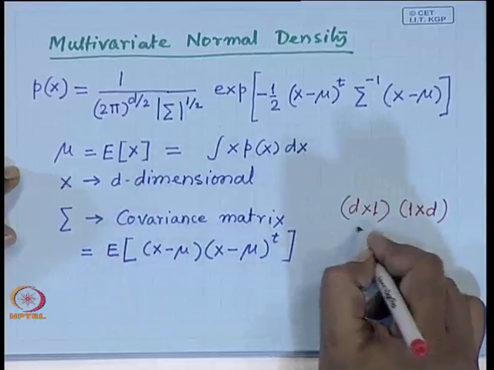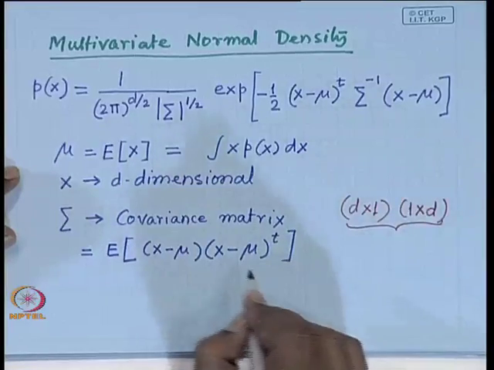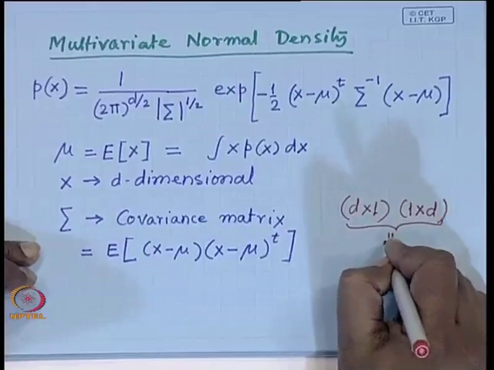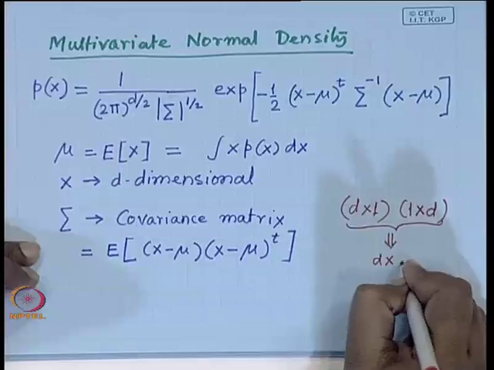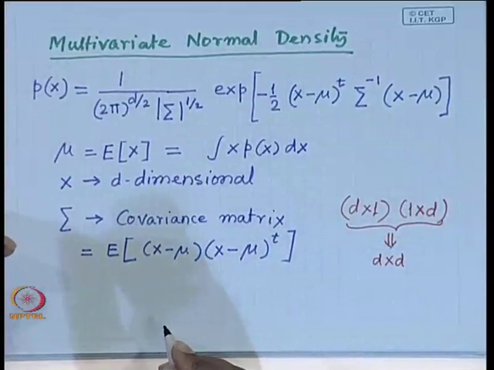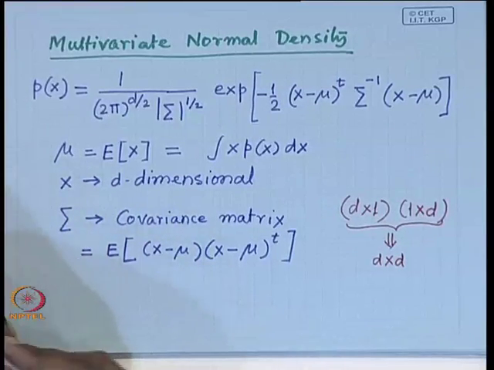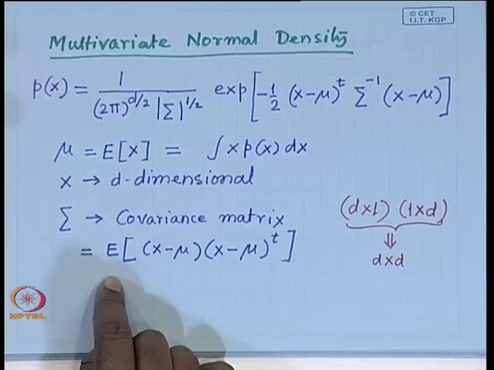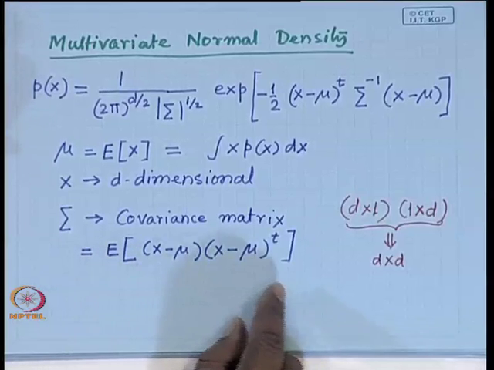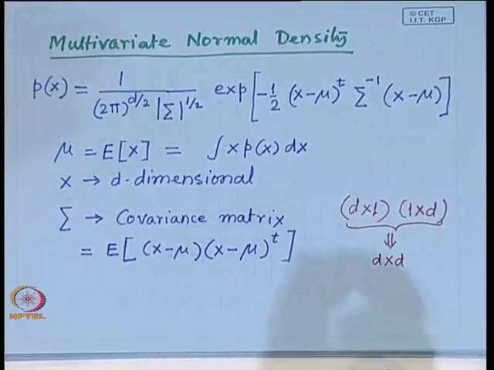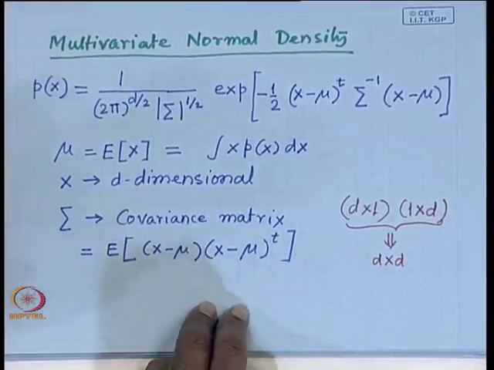So, this is actually the outer product of two vectors, and when I take the outer product of two vectors, the result is a d by d dimensional matrix. So, when I take the expectation value of (x minus mu) into (x minus mu) transpose, what I get is a d by d dimensional matrix, and that is nothing but your covariance matrix.